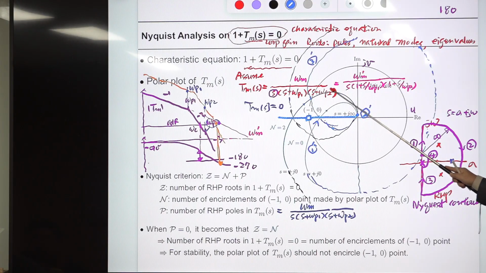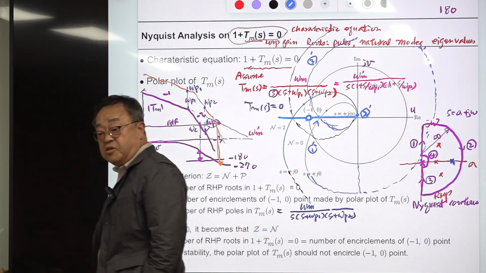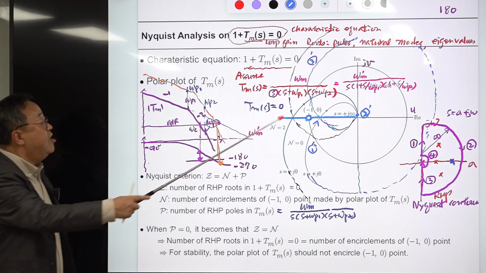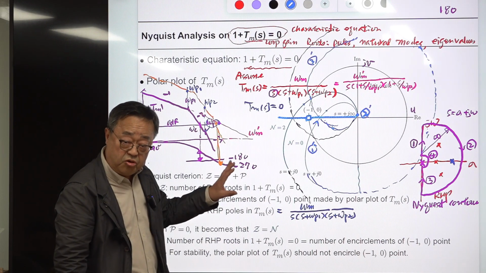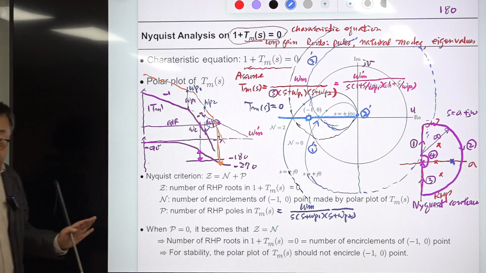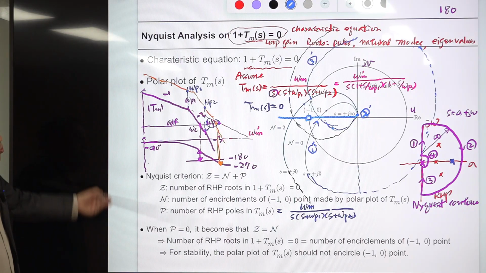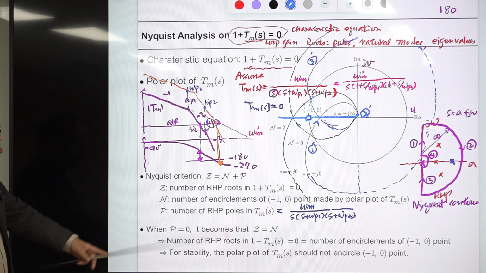And when passing this point, it is marginally stable, and the marginally stable system has two imaginary-axis roots here, in complex conjugate form. We confirm that through the simple calculation. All right. So this is the simplified version of Nyquist analysis. So this is enough.